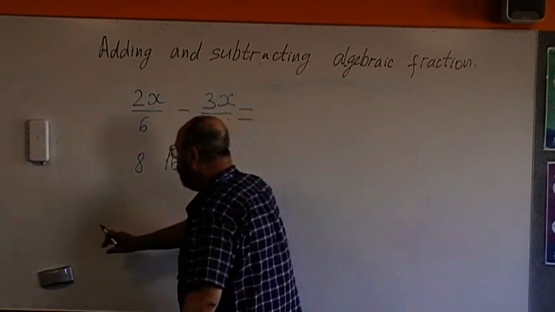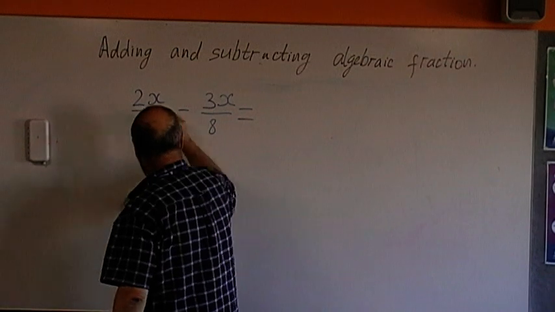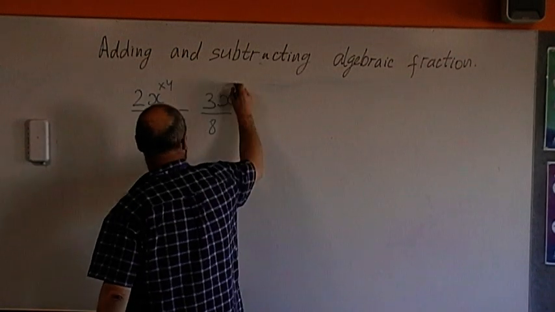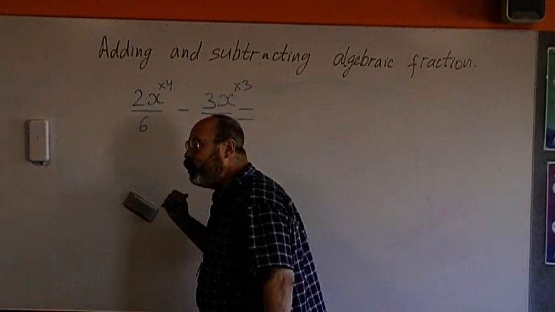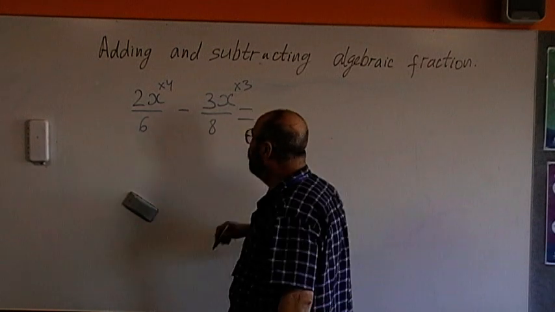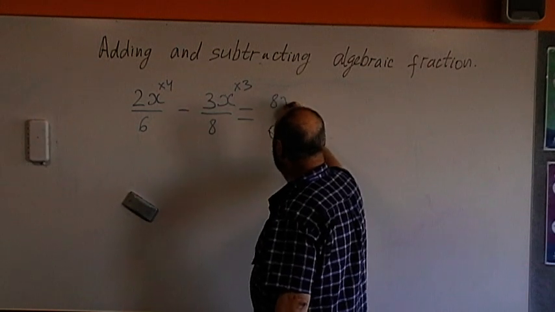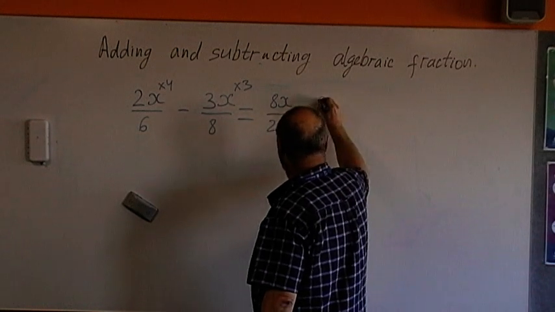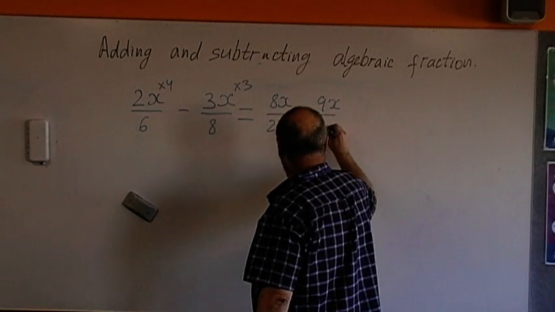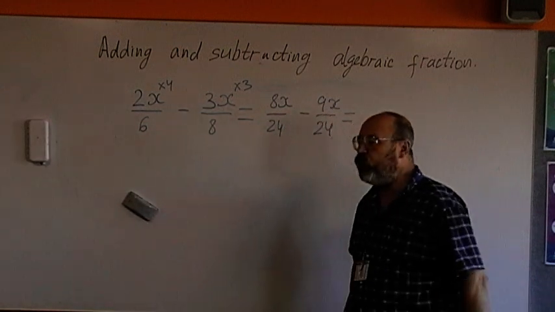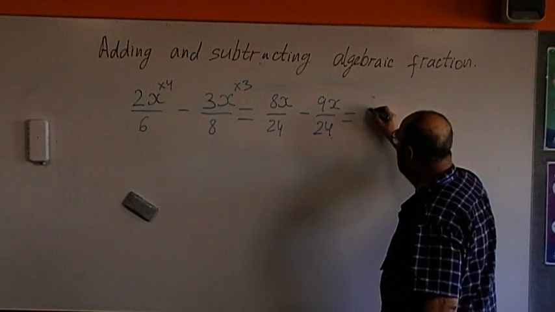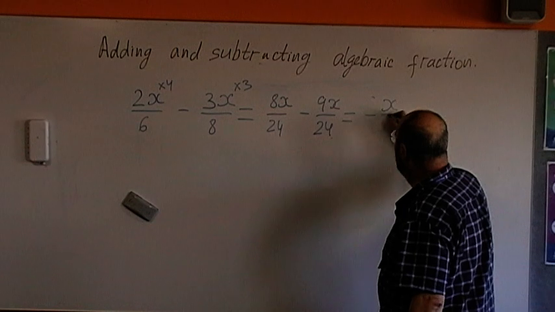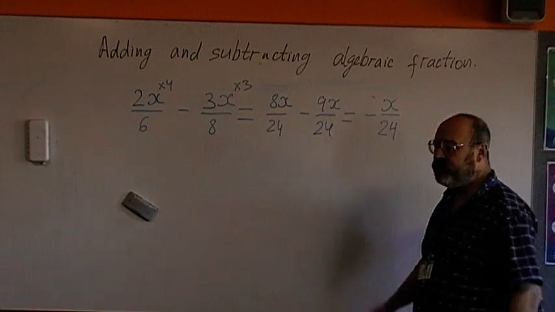Then we times this by 4, this by 3, both numerator and denominator. So we will have 8x over 24 minus 9x over 24, which equals negative x over 24.